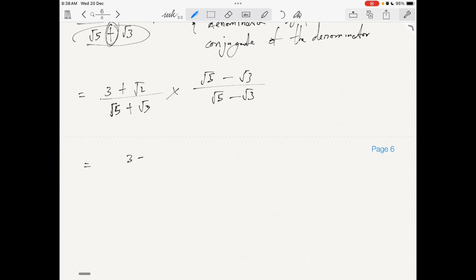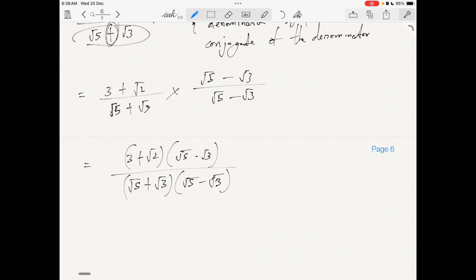Now in that scenario, we can bring them all together. So that will give us 3 plus root 2 multiplied by root 5 minus root 3, divided by root 5 plus root 3 multiplied by root 5 minus root 3.